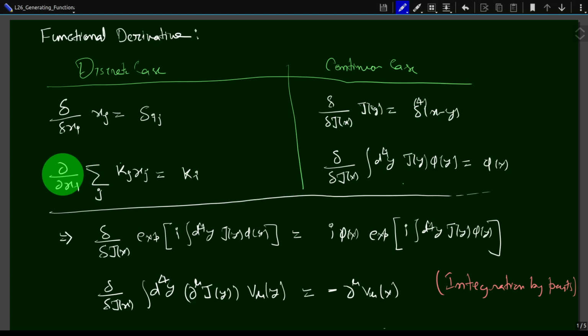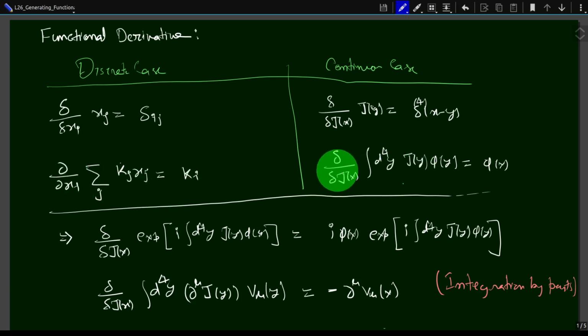Now the other thing we have is del by del x_i of the summation over j of k_j x_j. I can simply use this rule, take the derivative inside the summation, and I get k_j delta_ij, and when I sum over j, it just becomes k_i.